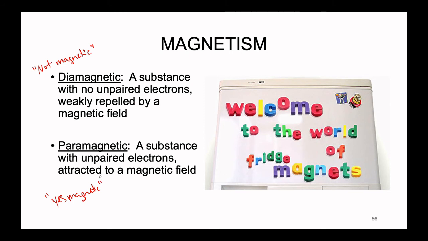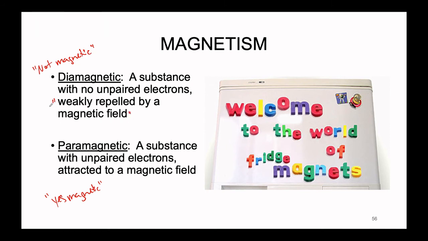So the first, diamagnetic, by definition, states that this is a substance with no unpaired electrons. Everything is paired, hence the di in diamagnetic, right? Everything's partnered together. Things that have no unpaired electrons are weakly repelled by a magnetic field.